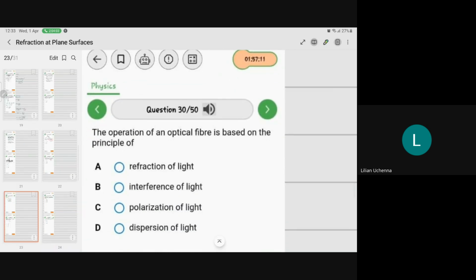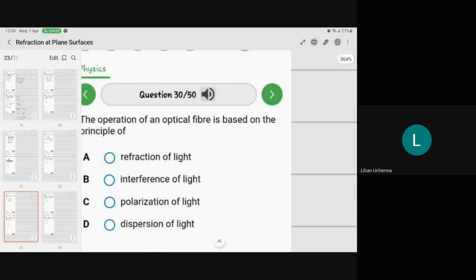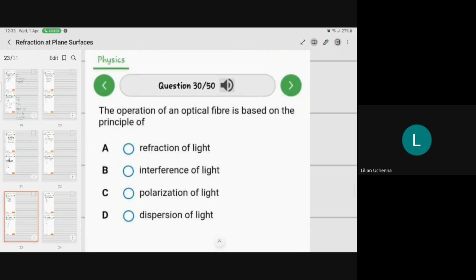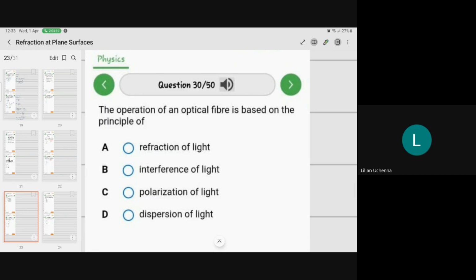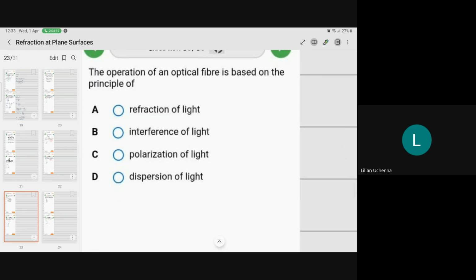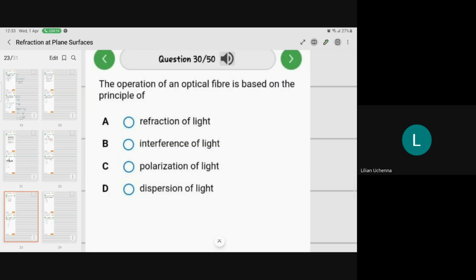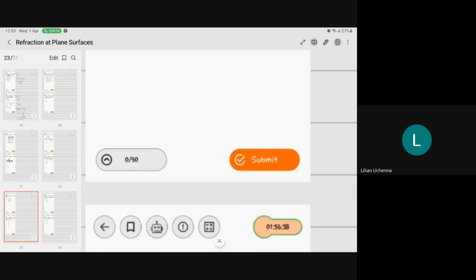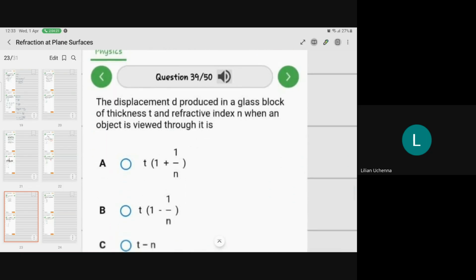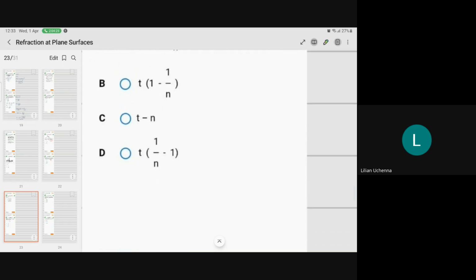All right. The operation of optical fiber is based on the principle of what? You go check it out and do that accordingly. When you hear optics, what does it have to do with? So your assignment, I think that's all for now. Displacement of a ray producing glass thickness t, refractive index n, when viewed through a glass, the same concept.